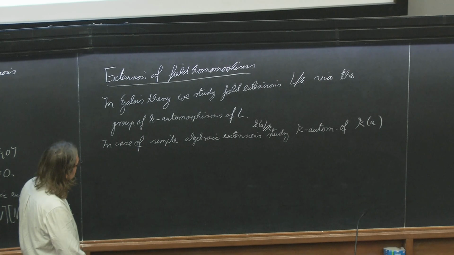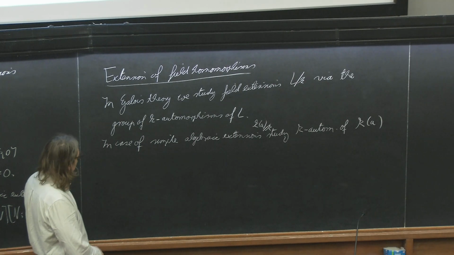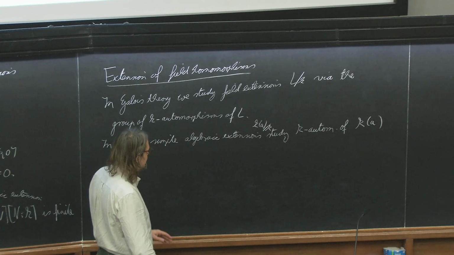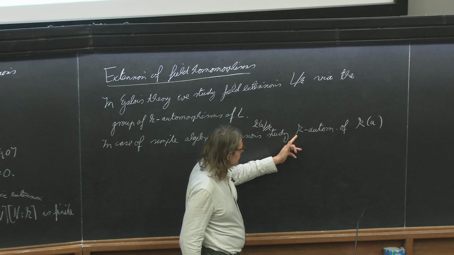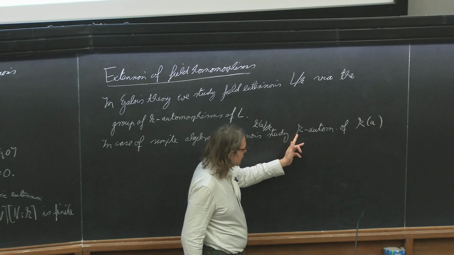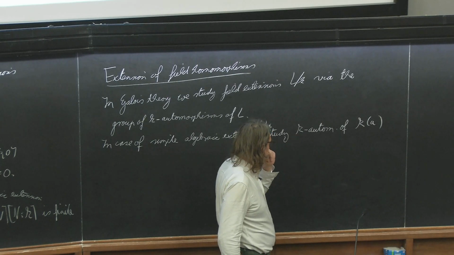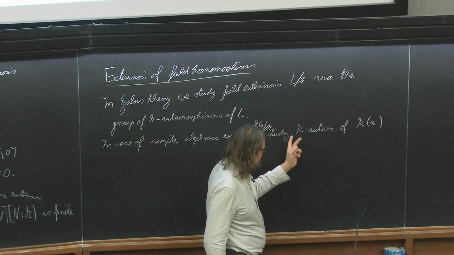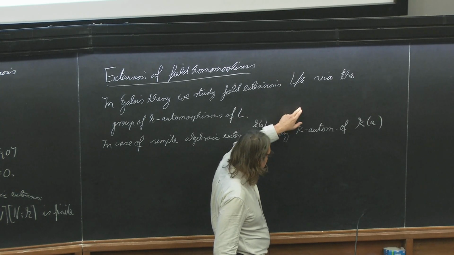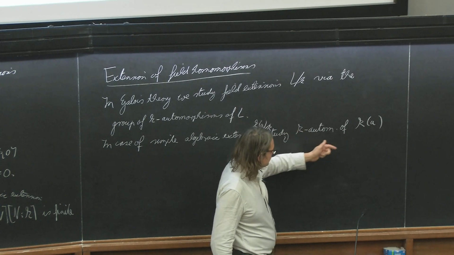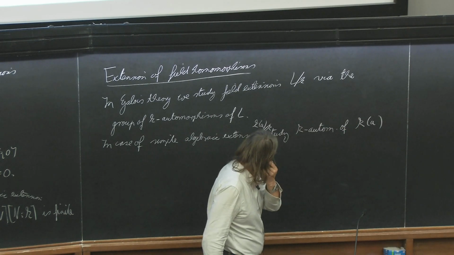So more generally, also partially because we needed to study this, we could more generally study the following. Instead of just taking K-automorphisms, which are automorphisms of L which are the identity on K, we could say we give ourselves an isomorphism phi to some other field, and we look at isomorphisms of fields which extend this isomorphism.